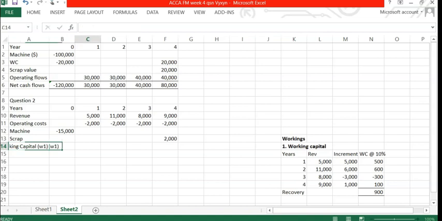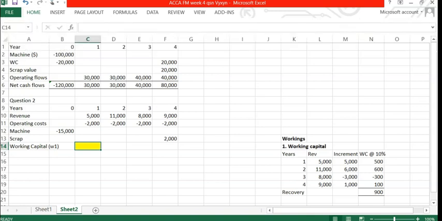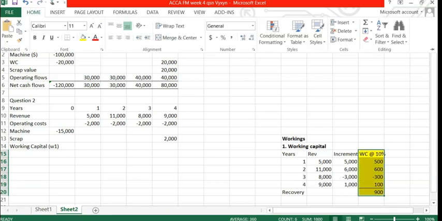So according to this column, ladies and gentlemen, that's the column I'm referring to.